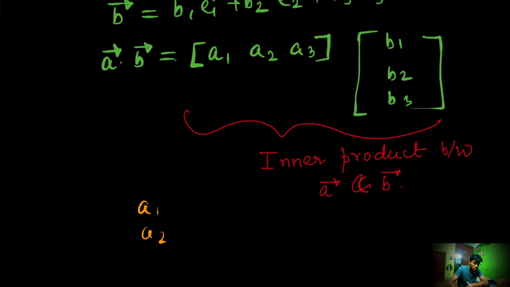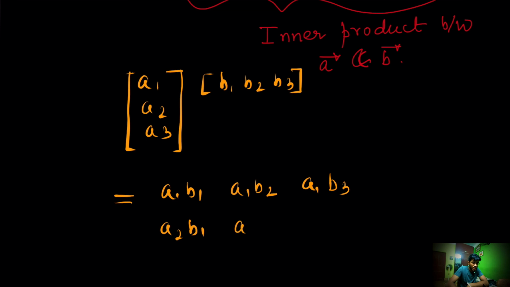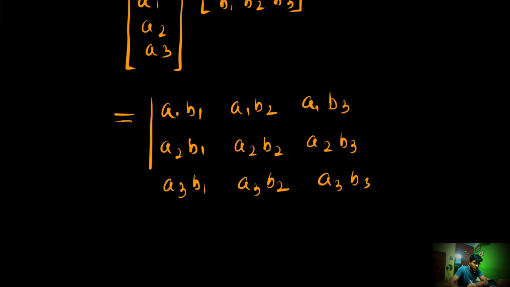Now if I do just the opposite thing, that is, I write A1 A2 A3 like this, a column matrix multiplied by the row matrix B1 B2 B3, then what will I get? I will get A1 B1, A1 B2, A1 B3, then A2 B1, A2 B2, A2 B3, then A3 B1, A3 B2, A3 B3, okay.